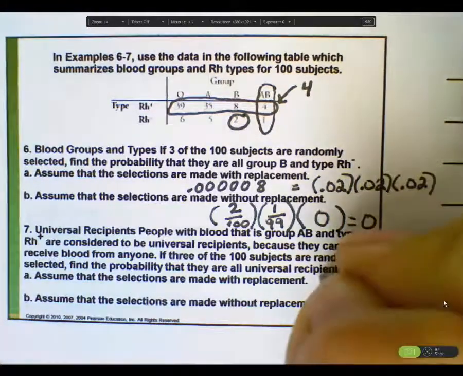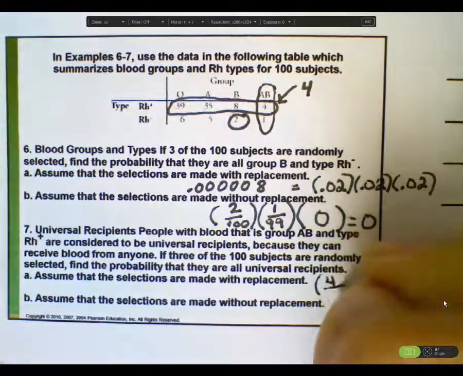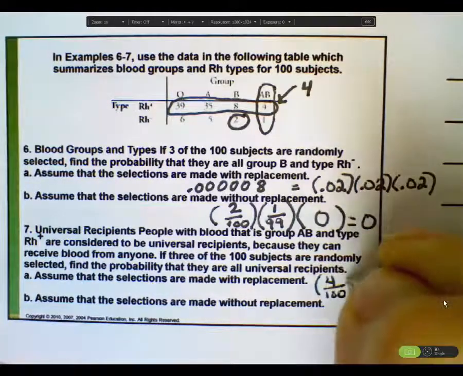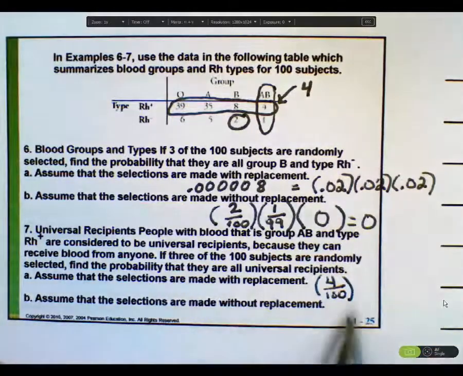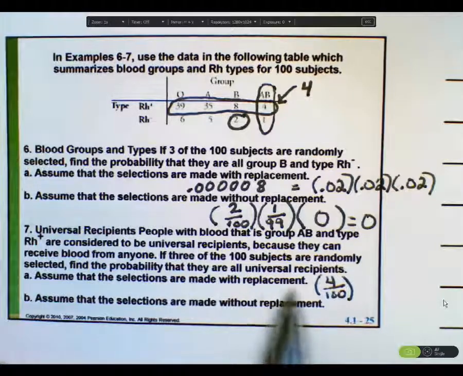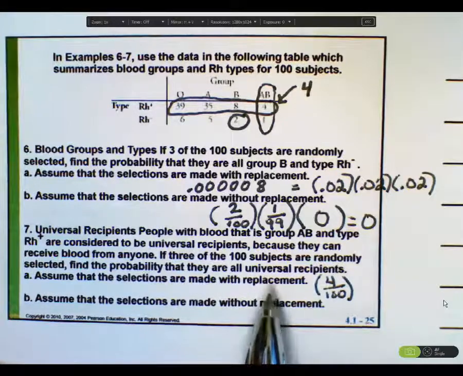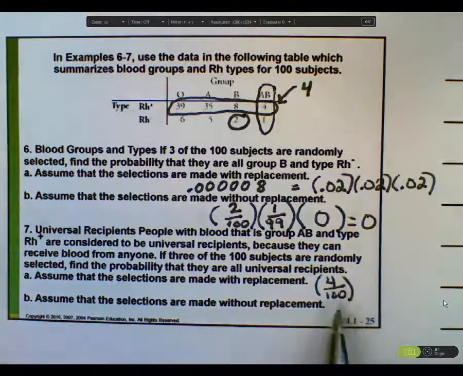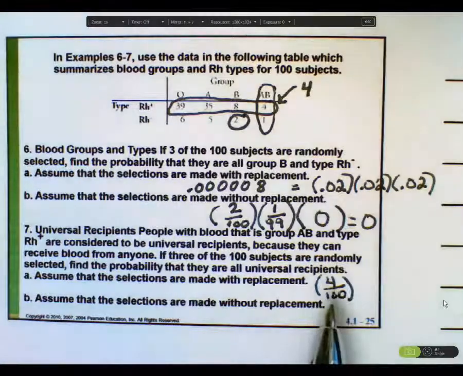Well, I started with 4 out of 100 universal recipients, and if I draw out one and then put him or her back, the probability that the second is going to be a universal recipient stays the same, and the third as well.